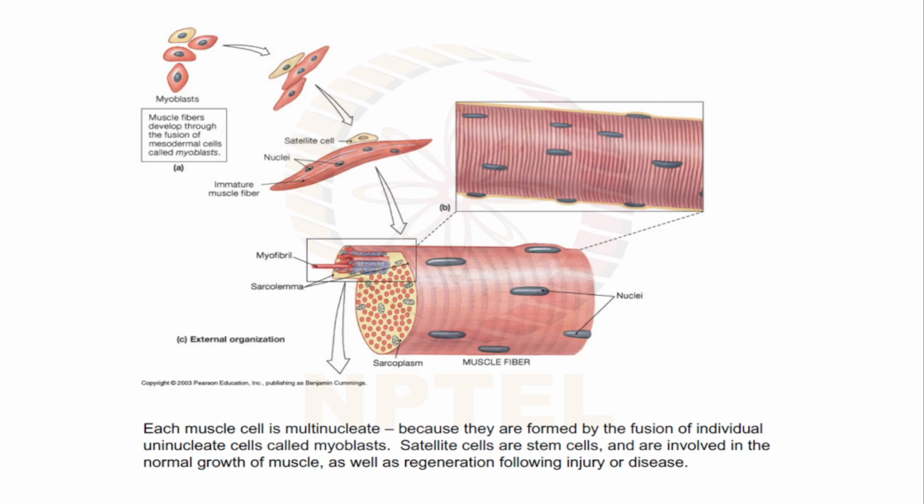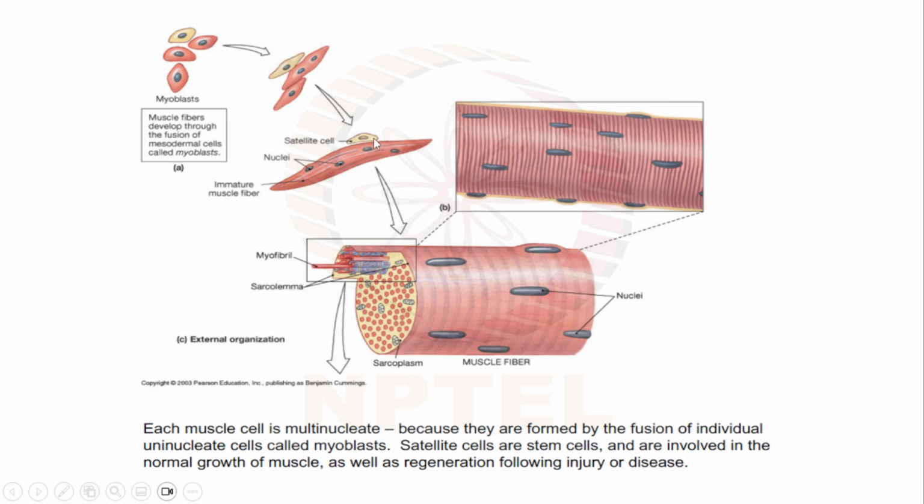Syncytium means that the plasma membrane in between these different cells dissolves, or vanishes, and these different cells together make a single cell, in which the nuclei remain the same. The content inside the cell is still there, but the plasma membrane that was separating one cell from another has dissolved, or merged, making these different cells a single whole muscle cell.